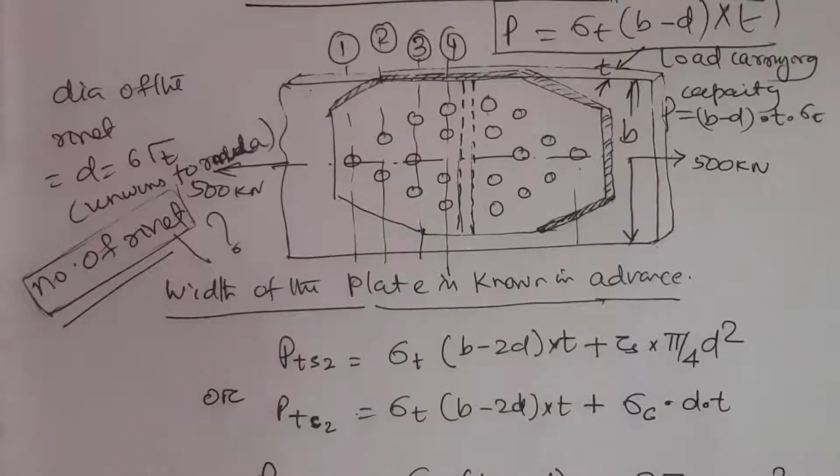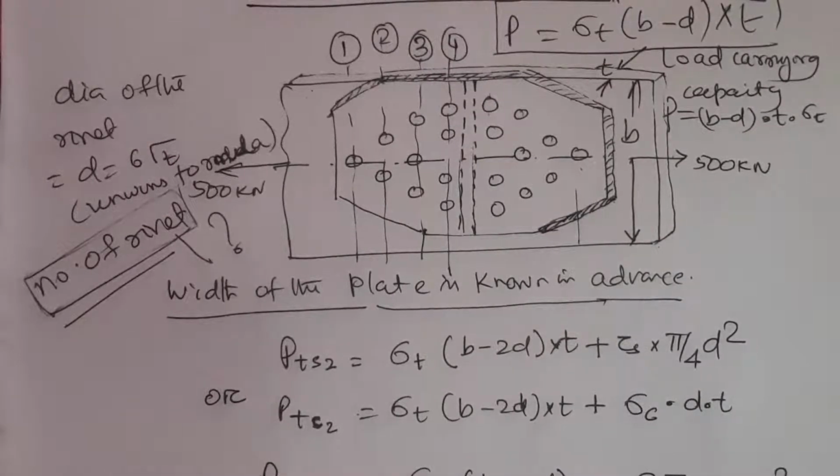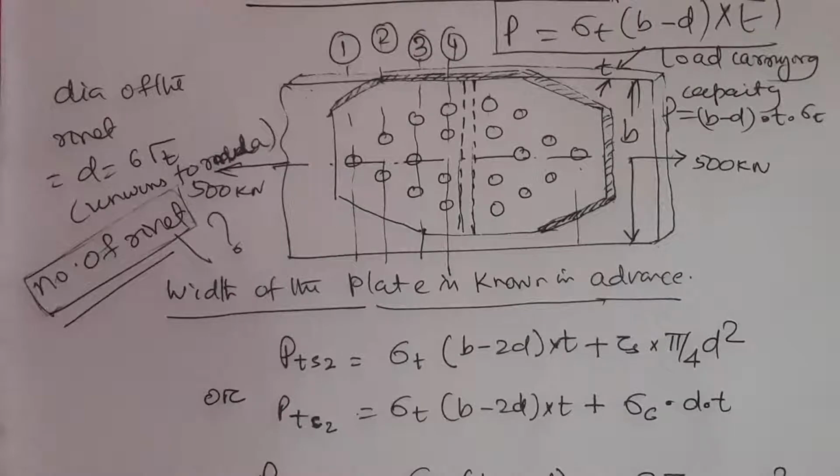Of course, we would first determine whether the strength of the rivet is less in shearing or crushing, because we have to check whether the strength of the rivet is more in crushing or in shearing. This will depend on the relative magnitude of the shearing strength and the crushing strength, and the cross-sectional area of the rivet and its projected area.